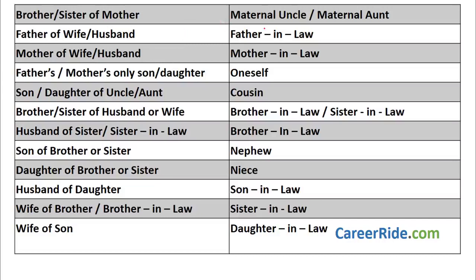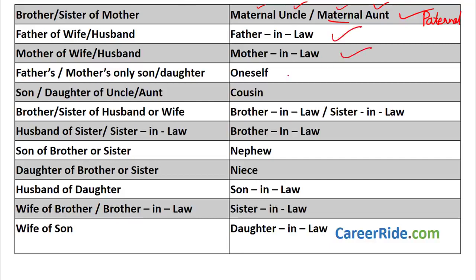Brother or sister of your mother is maternal uncle or maternal aunt. Sometimes the word maternal is not given, it is only uncle and aunt. If it is from your father's side, it is paternal, and when it is from mother's side, it is maternal. Now father of your wife or husband is father-in-law, same way mother of your wife or husband is mother-in-law.